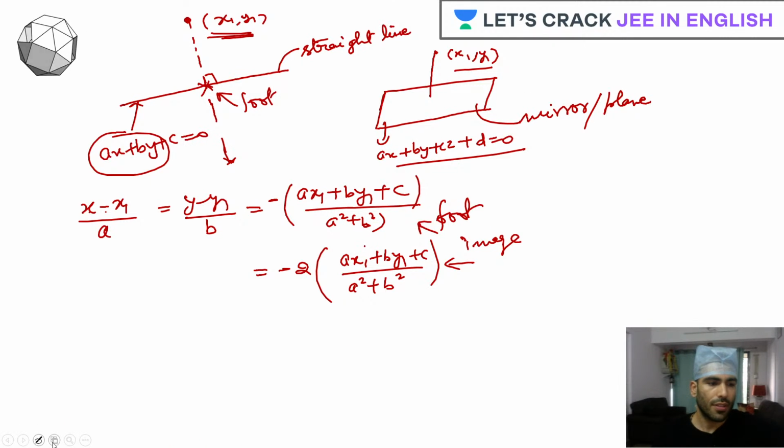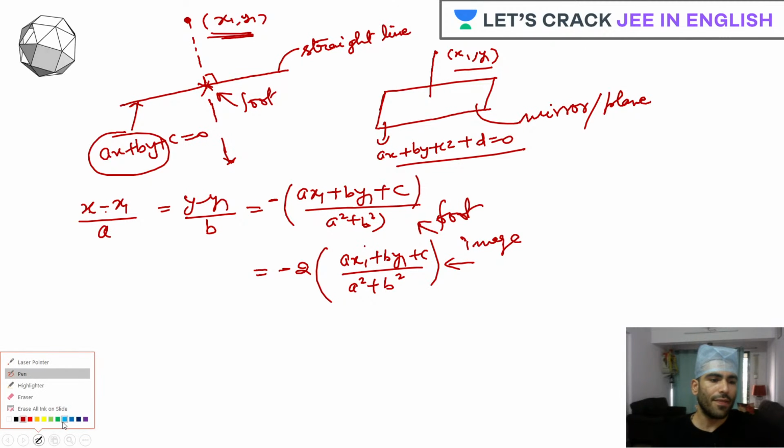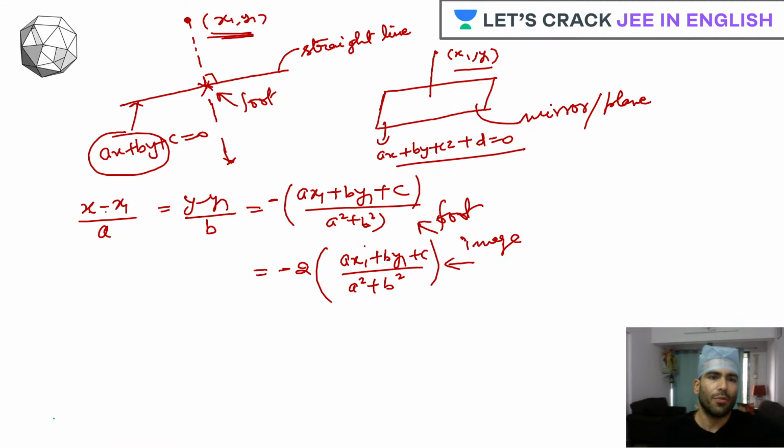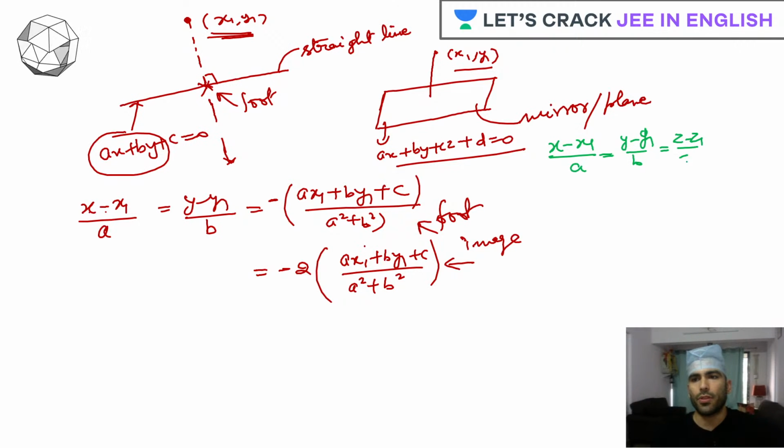Now, for a plane, what do we need to do? Very simple. Same thing. Just we'll have the z variable. That's it. So x minus x1 upon a, y minus y1 upon b, and z minus z1 upon c, and this will be equal to minus of a x1 plus b y1 plus c z1 plus d upon a square plus b square plus c square.